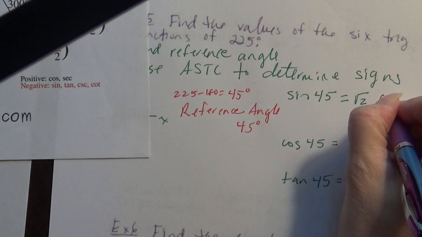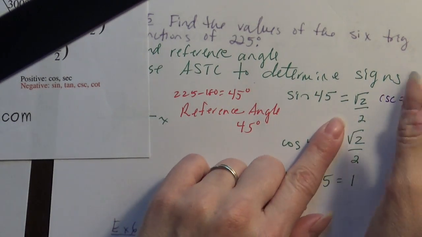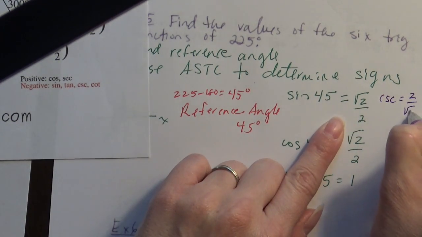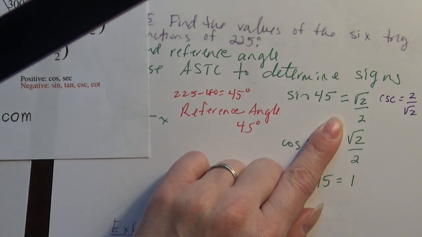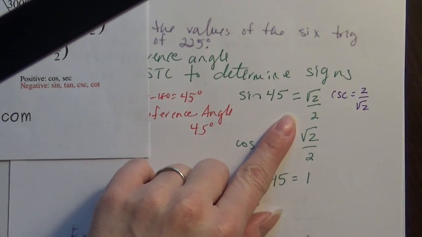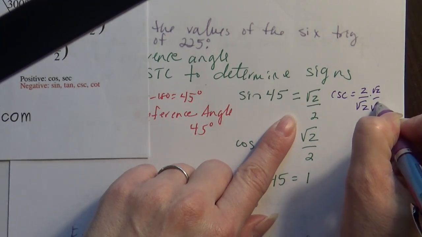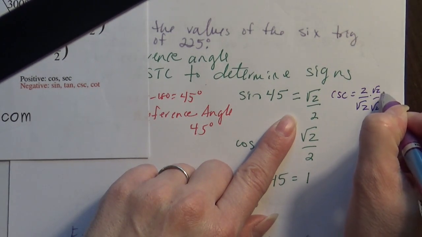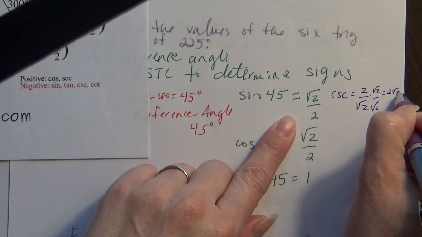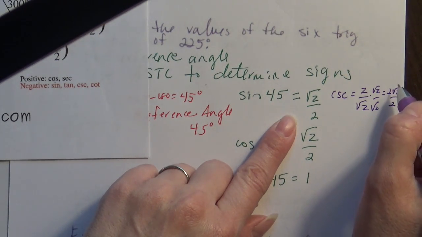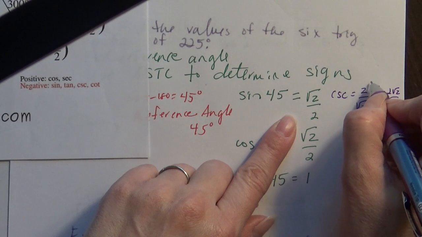And then I want to do cosecant. That's going to be my reciprocal, 2 over square root 2, which has to be rationalized. So if I rationalize my denominator, I'll do square root 2 over square root 2. So I get 2 square root 2 over 2, and that reduces to just square root 2.